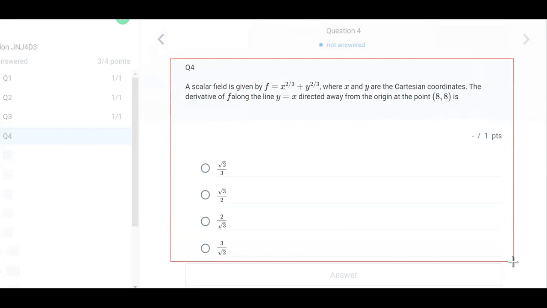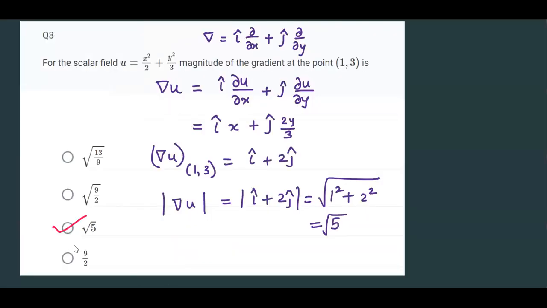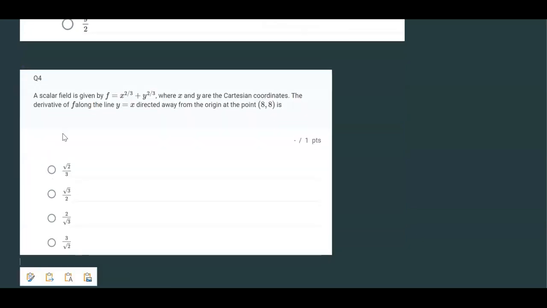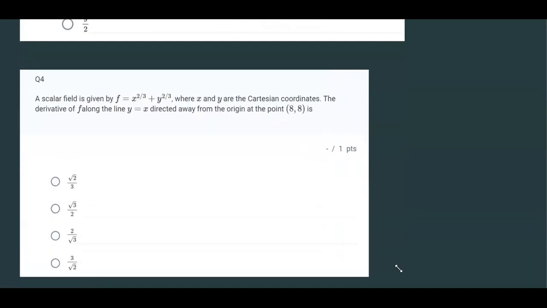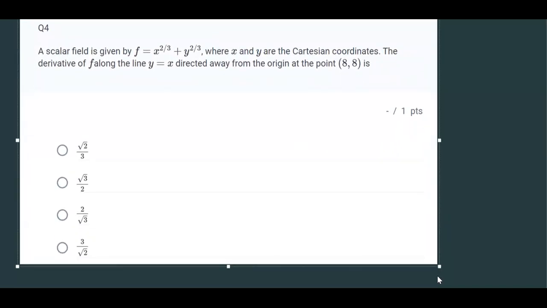So I'll give you 3 minutes time for this question. A scalar field is given by f equals x to the power 2 by 3 plus y to the power 2 by 3. The derivative of f along the line y equal to x directed away from the origin at the point 8 comma 8 is.